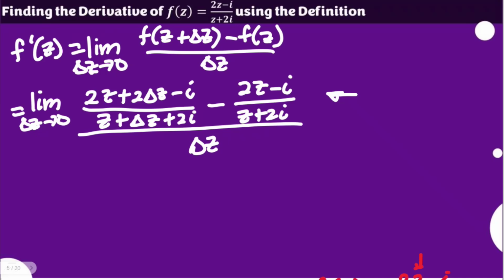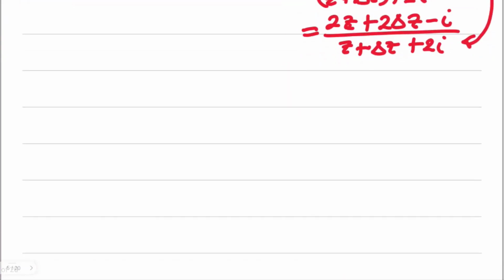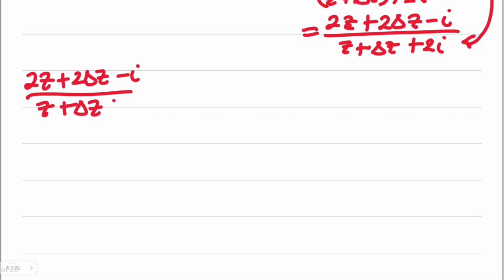So let us start by simplifying the numerator, the entirety of the numerator. Let's simplify that first, and later on return to this if we can actually look for something else or other methods to cancel this. So allow me to use the rest of the open spaces here. So you have here this form, actually twice z plus twice delta z minus i all over z plus delta z plus 2i.